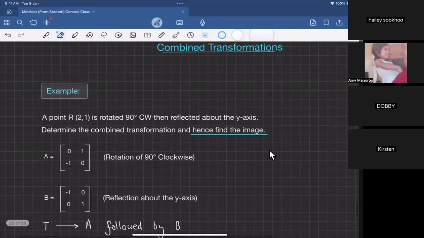So read the example there. A point R (1, 1) is rotated 90 degrees clockwise, then reflected about the y-axis. Determine the combined transformation and hence find the image. Right. So I want you to tell me the two transformations you're seeing in this question.